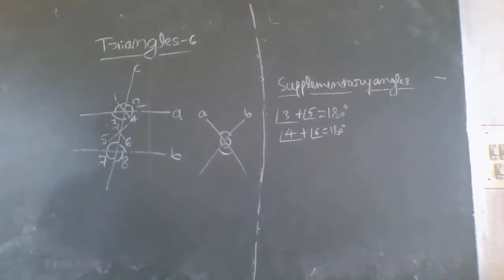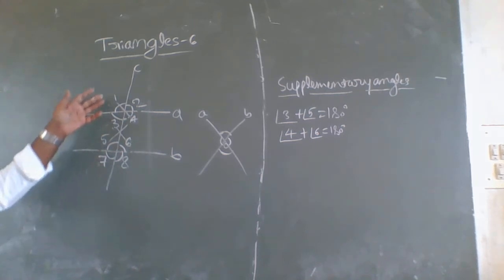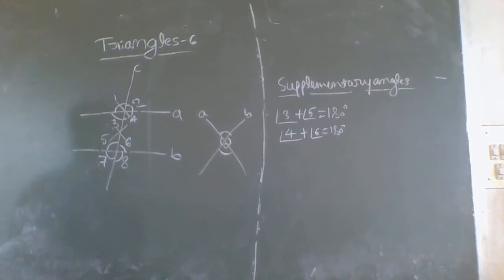So these are the different types of angles when two parallel lines are intersected by one transversal line. These are very important concepts to prove two figures as similar or congruent.